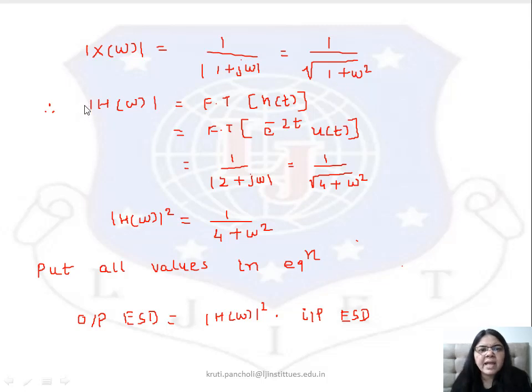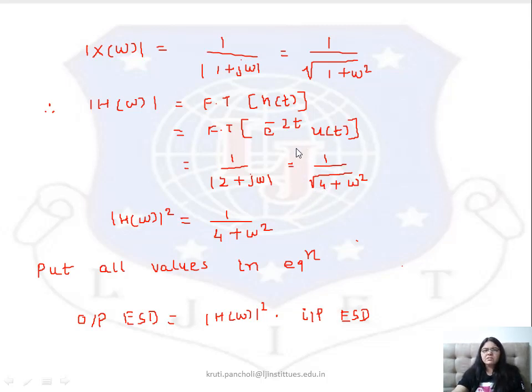So H(omega) now is the Fourier transform of h(t). What is h(t)? It's e raised to minus 2t u(t). Similarly, we can write down the Fourier transform of that. It is 1 upon modulus of 2 plus j omega. It is equal to 1 upon square root of 4 plus omega squared.